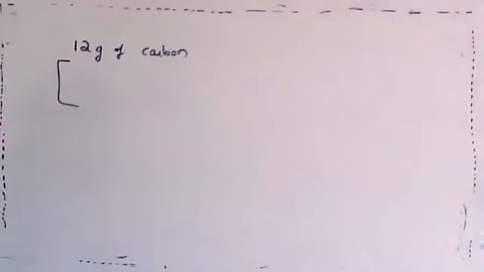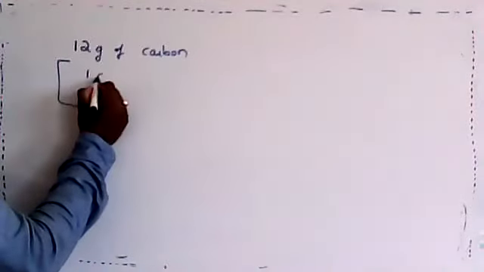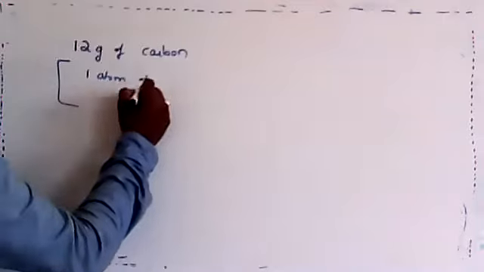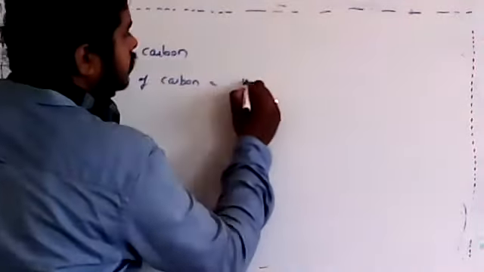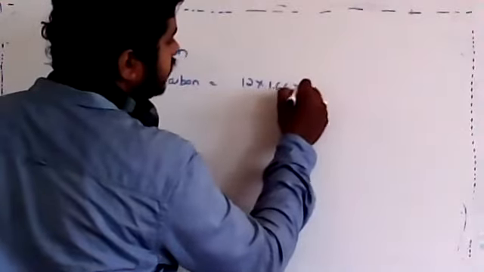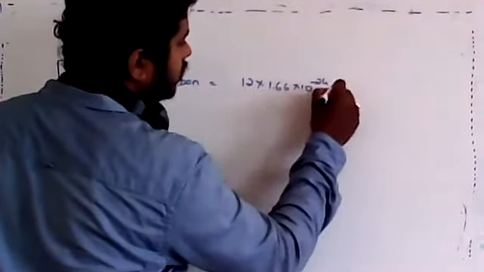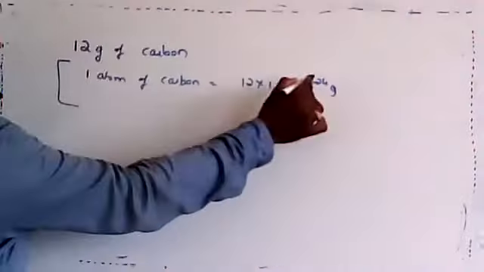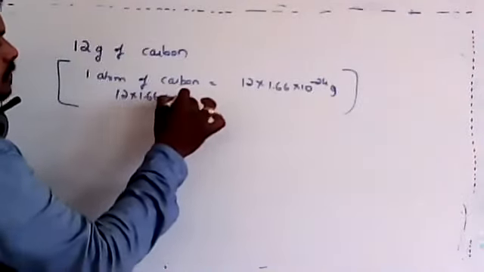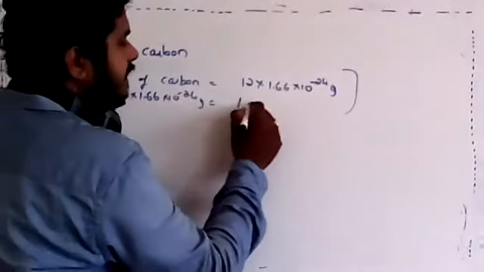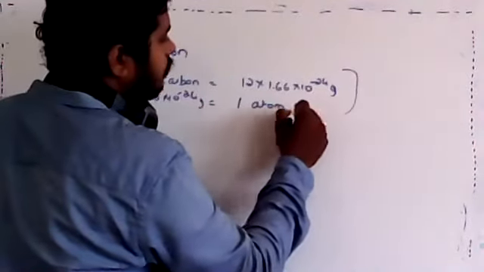See here, what I told here is one atom of carbon was weighing around 12 into 1.66 into 10 to the power minus 24 grams. If you write in reverse, 12 into 1.66 into 10 to the power minus 24 grams is equal to one atom of carbon.